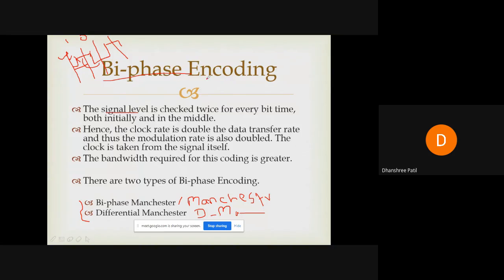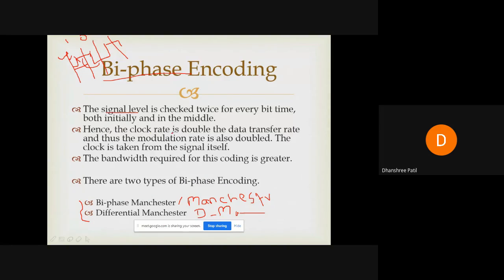So what is biphase encoding? The signal level is checked twice for every bit time, both initially and in the middle. It means that for these two techniques, we show the transition at the middle of a signal level. That is biphase encoding.